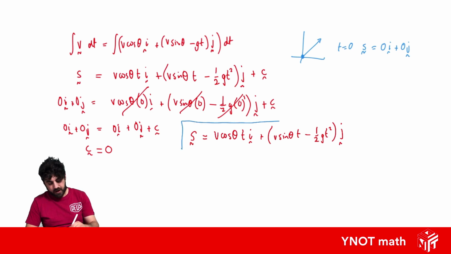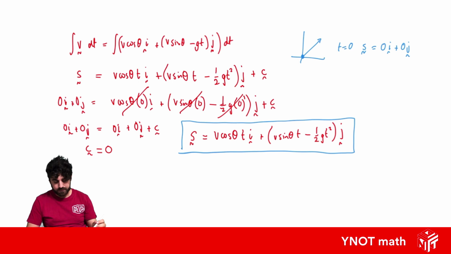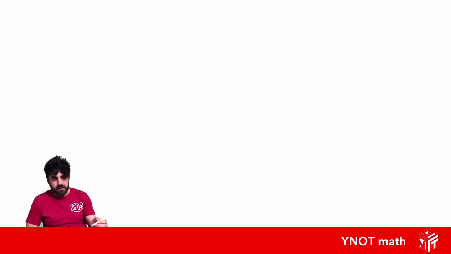And this is our final equation to describe the displacement of something in projectile motion. From here we can get a few more formulas that will help us describe what's happening in the projectile motion.